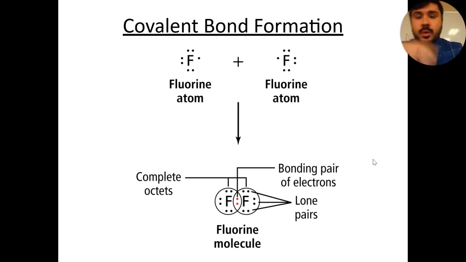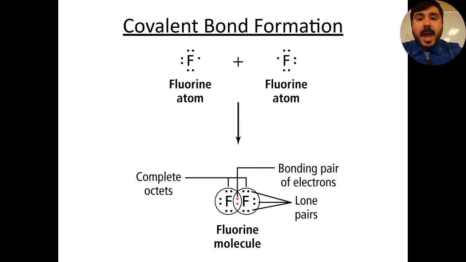Now, moving on to how these covalent bonds form. We did something similar with the hydrogen example we had at the start of our lecture video today, right? But here's another great example. Two fluorine atoms want to react with each other and form a covalent bond. Well, here is how it happens. Something that we are quite familiar with is drawing Lewis structures for atoms, and this is exactly what we've got here.